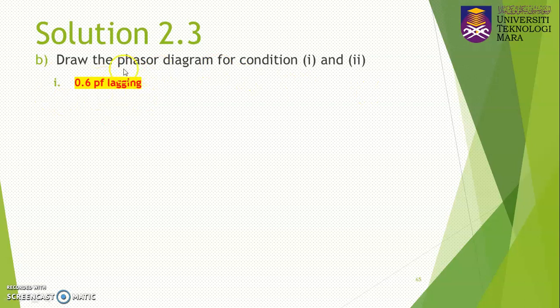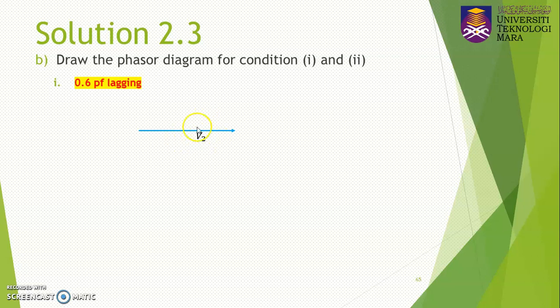First, we see how to draw it when your load condition is 0.6 power factor lagging. The first step, you need to draw your V2. Since this question does not mention whether you need to refer to the primary side or the secondary side, we just assume that we refer it to the secondary side.